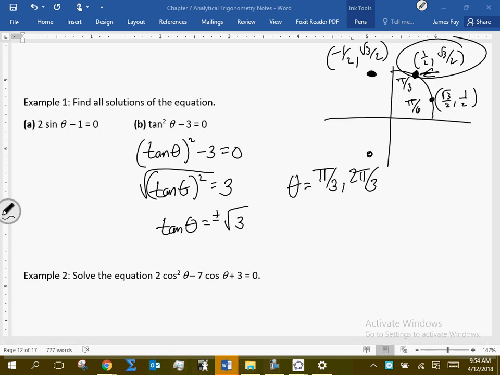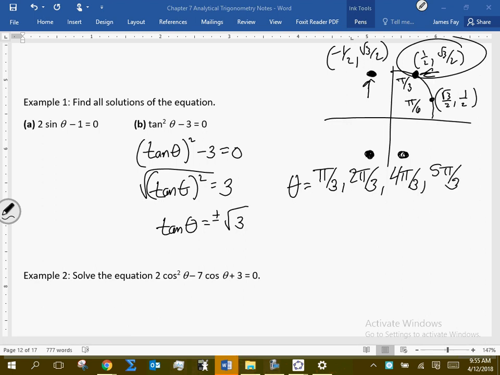Okay. You're also going to get this point down here to have the same coordinates. Does anybody remember what the x-axis reflection of that point is down here? Four pi over 3. And then you're going to have one right here as well. Any guesses? 5 pi over 3. Okay.